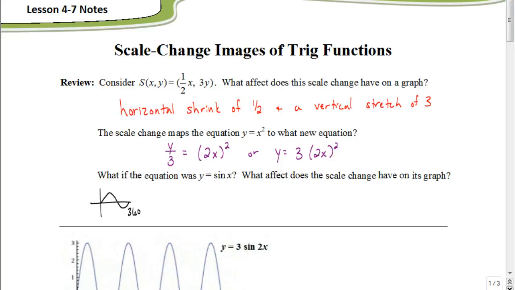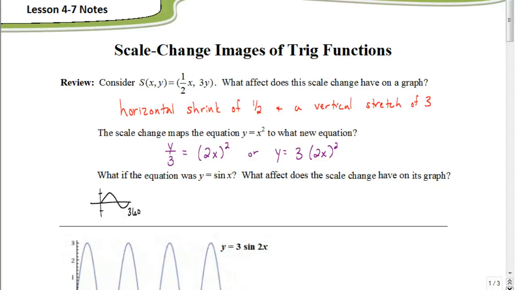Well, if this is going to be shrunk to be half the size, so now instead of having a cycle of 360 degrees, it's going to be half of that. It's going to be 180 degrees. And if you think about our parent function going between -1 and 1, if it's going to be stretched vertically to be 3 times larger, it's now going to go between -3 and 3.